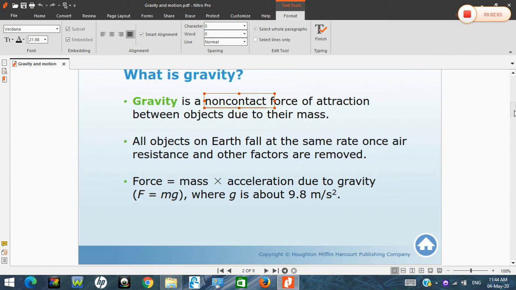And we say that gravity force is one of the most wonderful forces in our universe. And we ask ourselves a question.